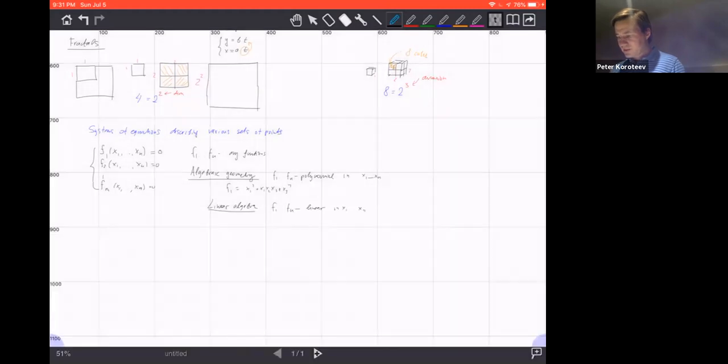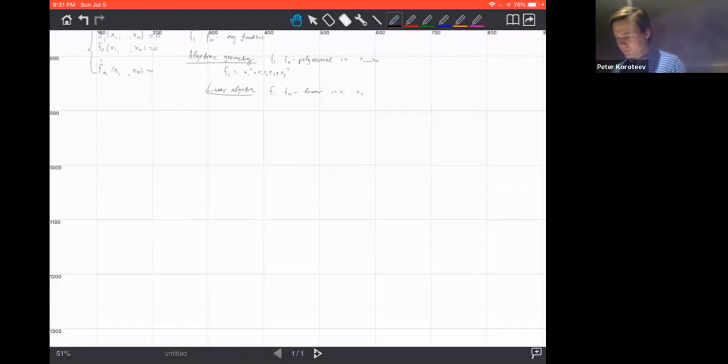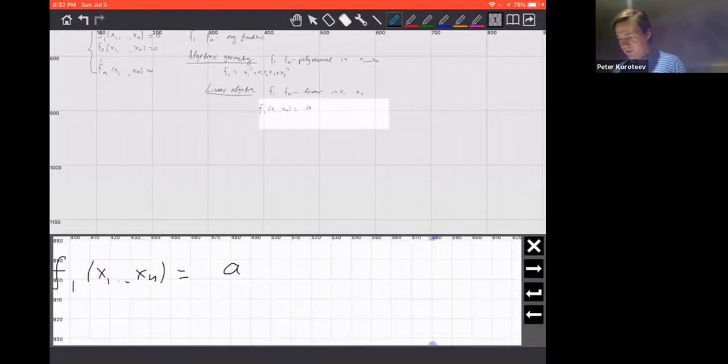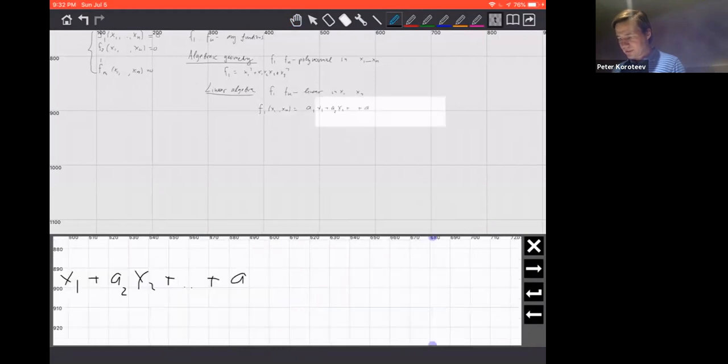And what it means in particular is that a function is linear if you can say that f1 of x1 through xn is equal to a1 x1 plus a2 x2 plus etc. plus an xn.